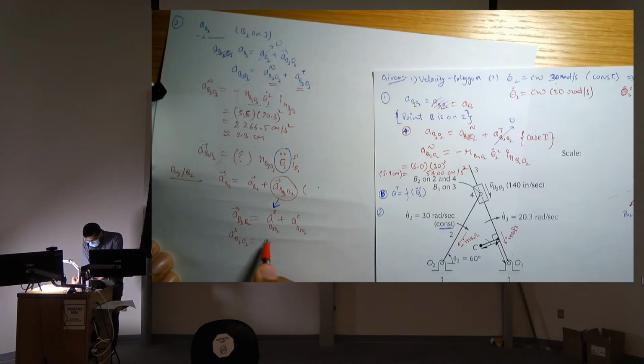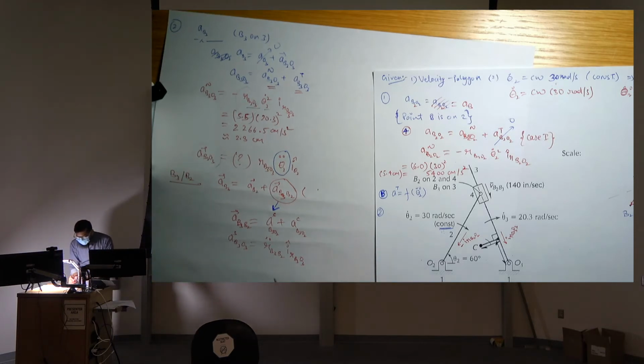The formula for sliding acceleration is r double dot B3B2 in the direction of r B3 and O3. So the direction would be, so this is the r double dot.